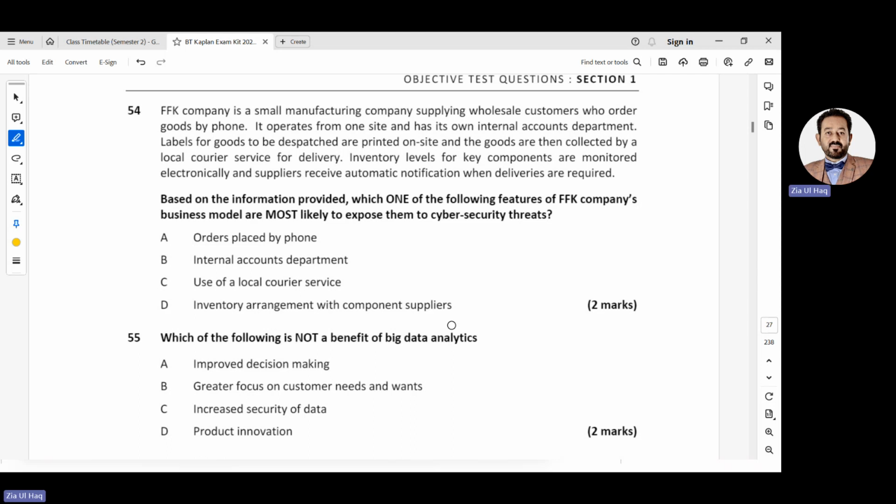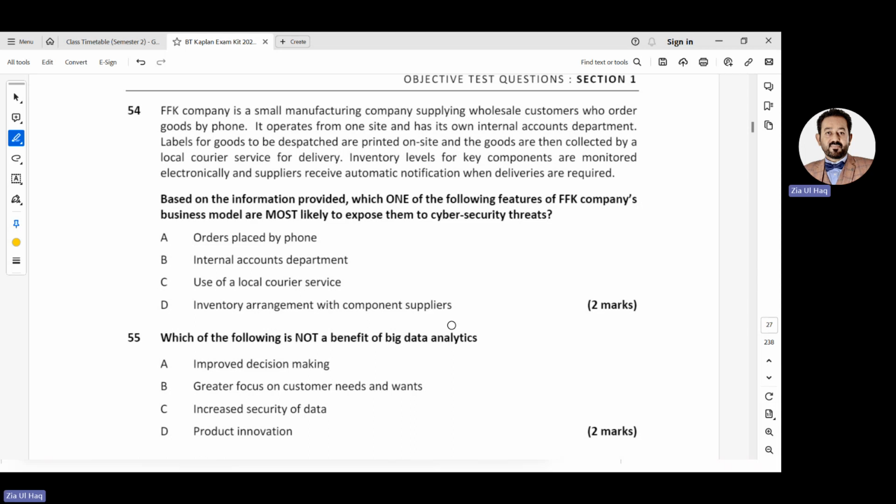The company produces labels of products, puts them on the products and then delivers through courier company. Inventory levels for key components are monitored electronically, mean through computer system online, and suppliers receive automatic notification when deliveries are required. Means supplier checking your inventory balance online. If there is a low inventory, they will send you the goods.